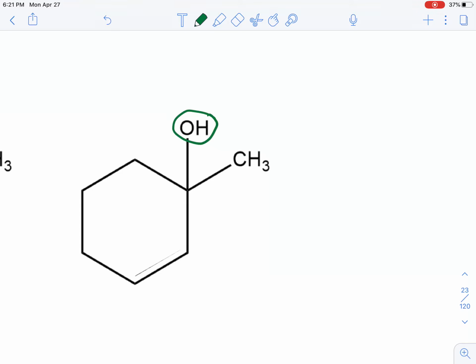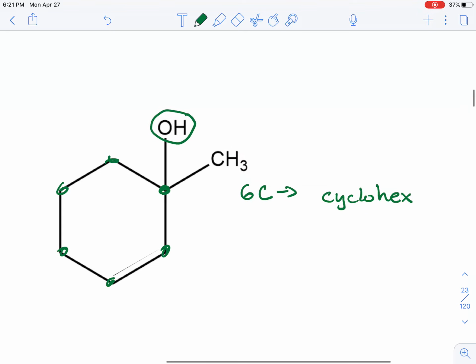So we just need to count the number of carbons. So 1, 2, 3, 4, 5, 6. So here we have 6 carbons. And so we know that this is going to be cyclohex, and then here there's no double bond.